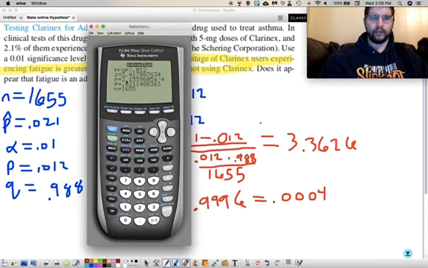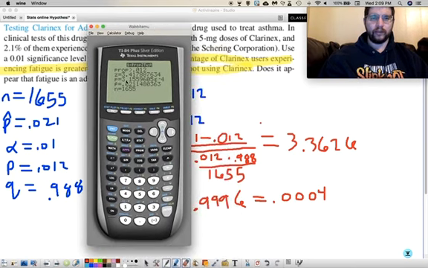Okay. Well, that should be that. 0.021 minus 0.012, 2 times. Okay. So yeah, it's just that big of a difference. Either way, it's a really small p-value, right? So it's not going to change our results at the end.